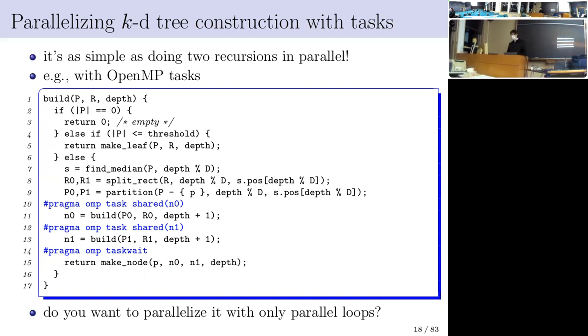Also, one thing I have to note is that it's very difficult to parallelize this algorithm solely with a few parallel loops, right? So task parallelism is actually a very important construct for general purpose programming languages.